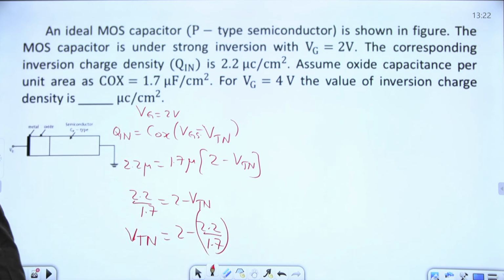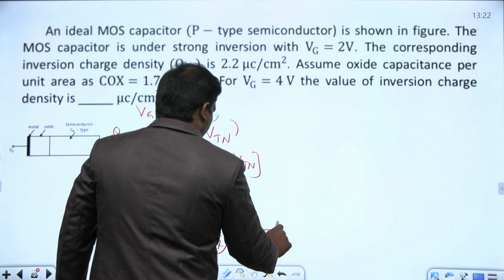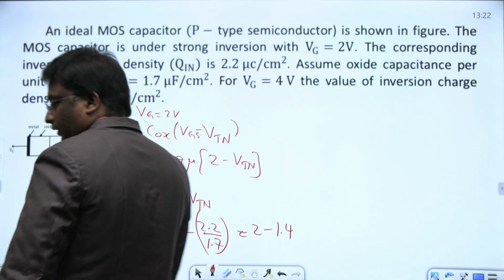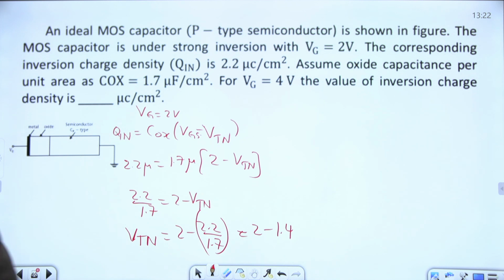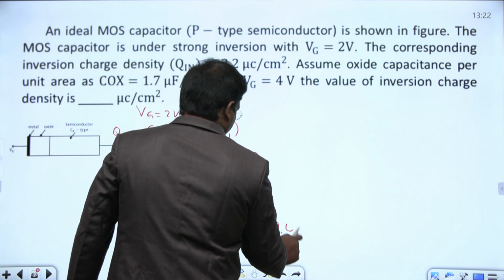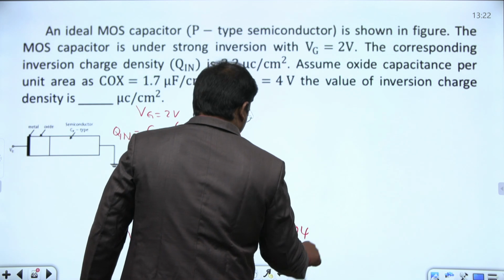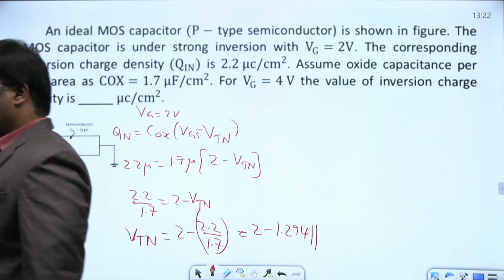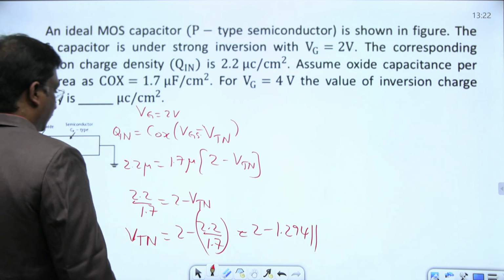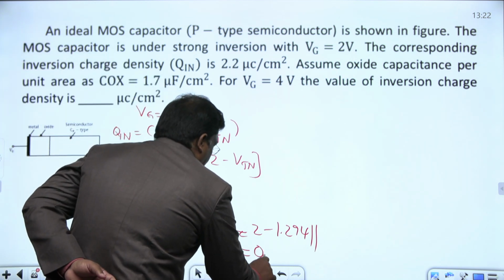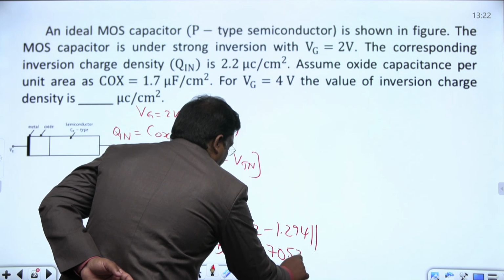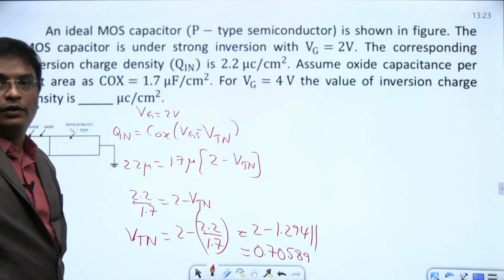Using the calculator, 2.2 by 1.7 is 1.29411. So 2 minus 1.29411 gives the threshold voltage 0.70589. That's the VTN we got here.